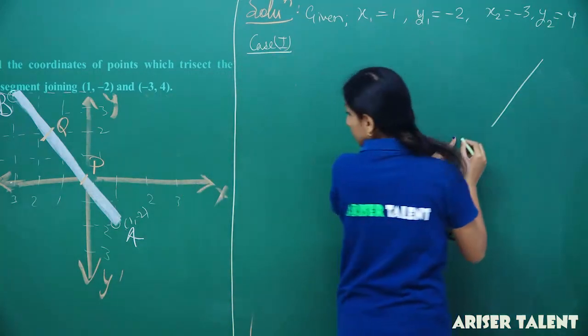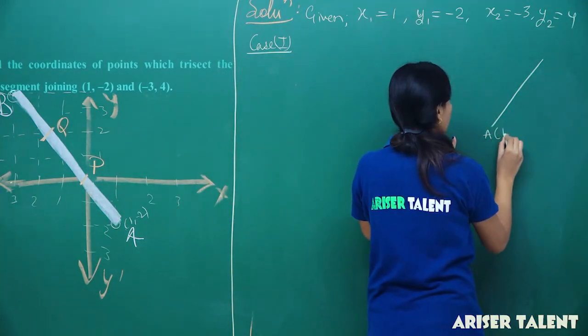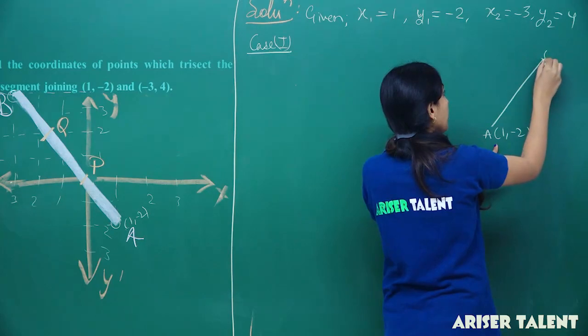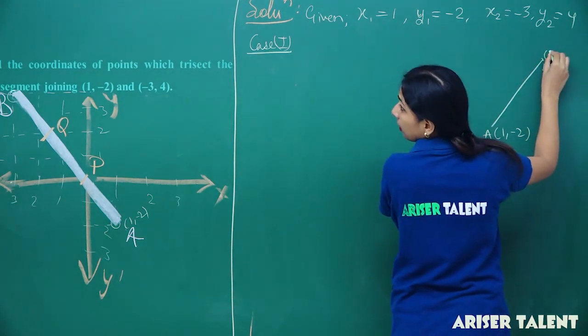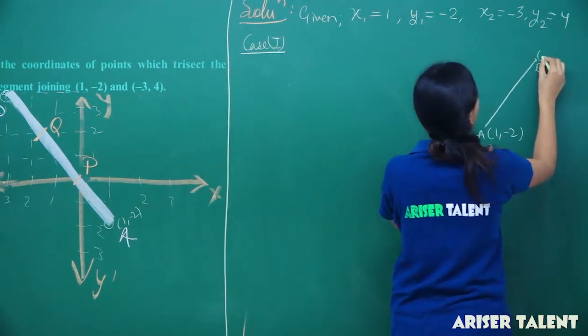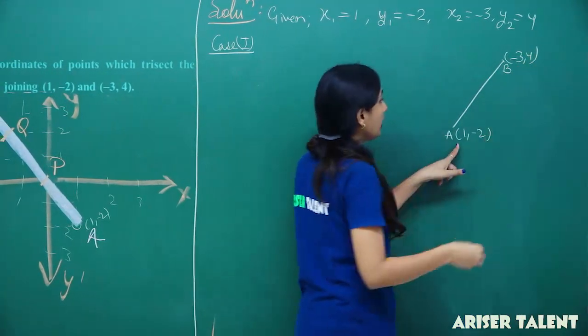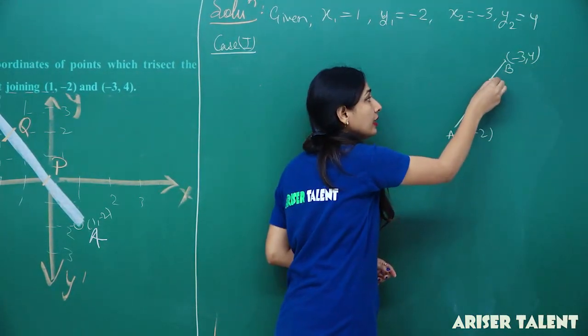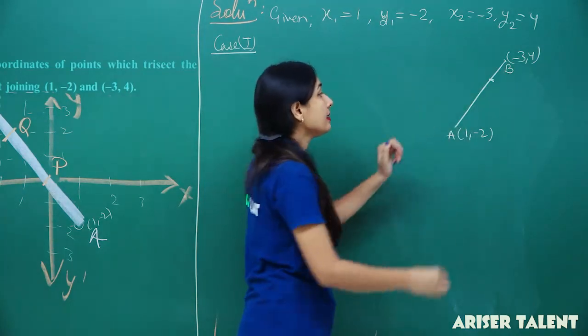This is the point A (1, -2), and this is the point B, that was what? (-3, 4).